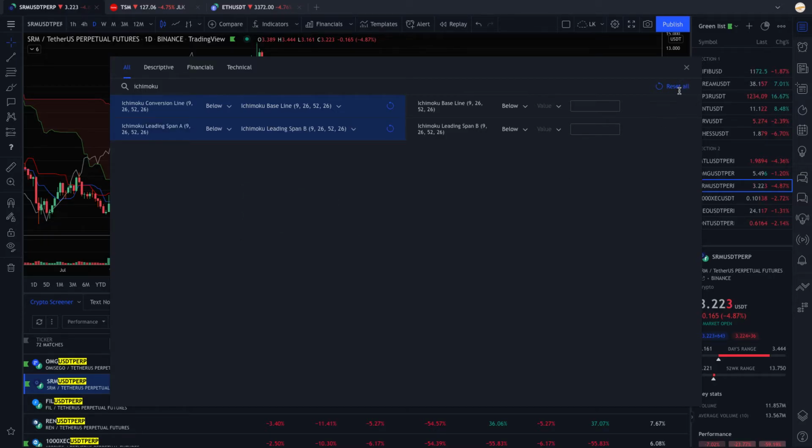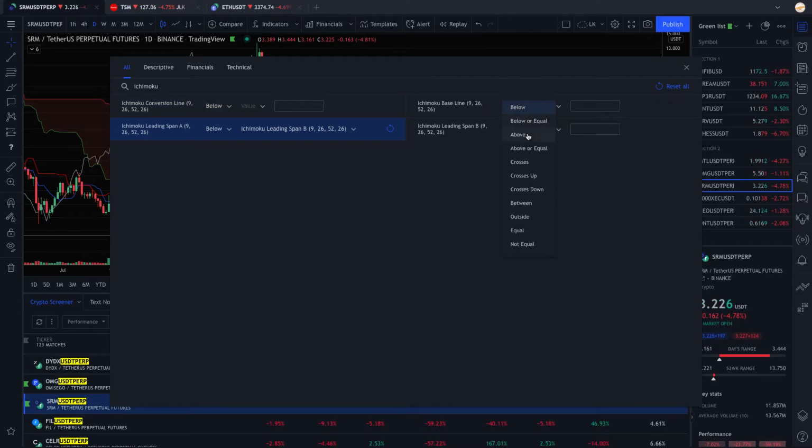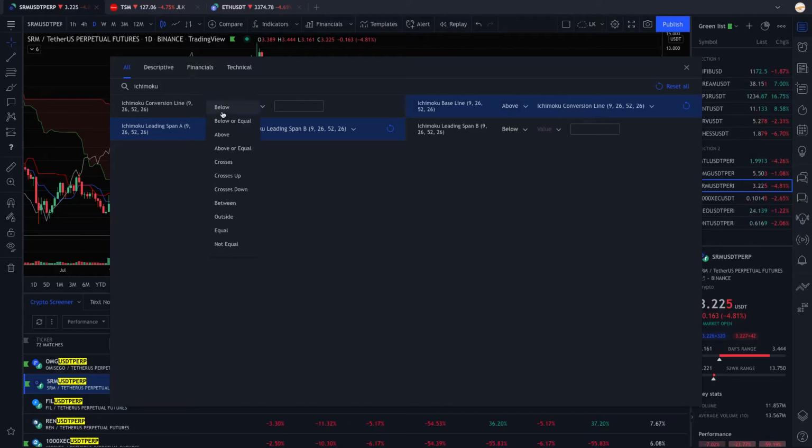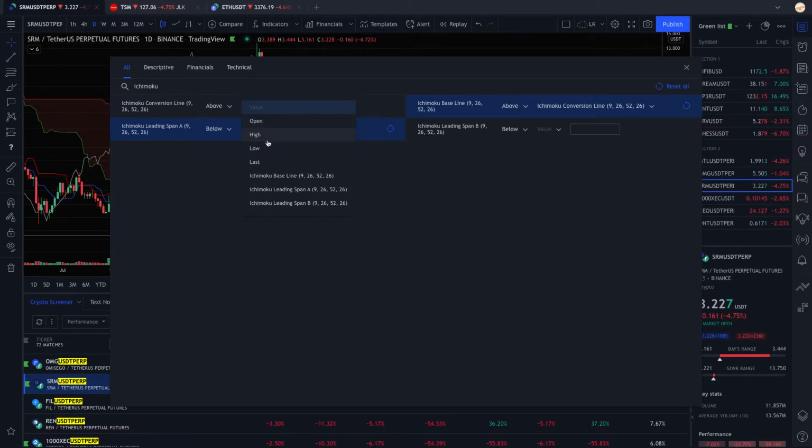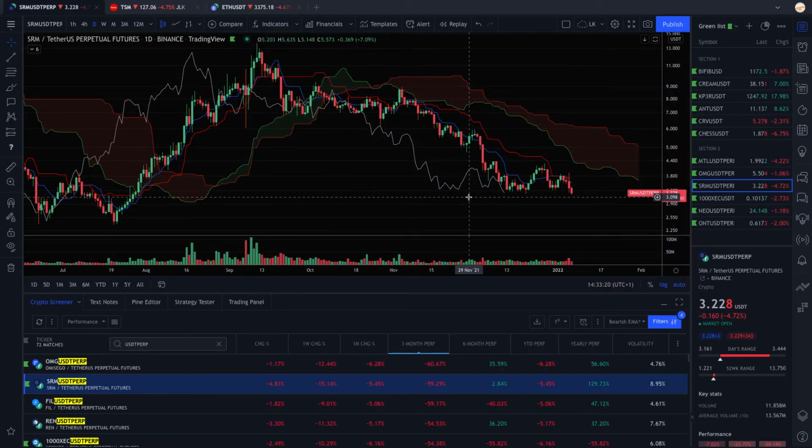And the better way to do this is to make the Ichimoku baseline above the conversion line, and the conversion line above the price. There you go. So you have your price being below the Tenkan, your Kijun being above the Tenkan, and the Senkou Span A being below the SSB. There you go.